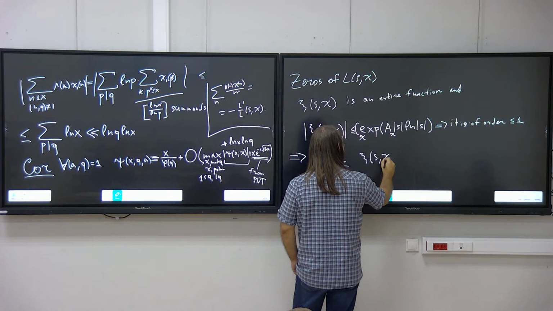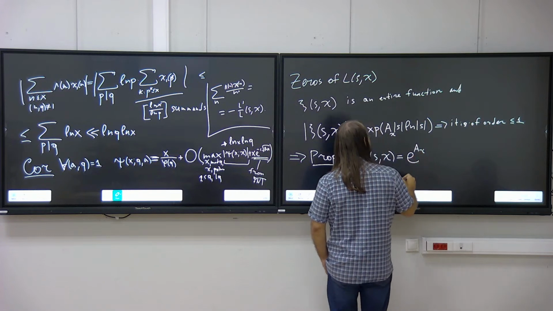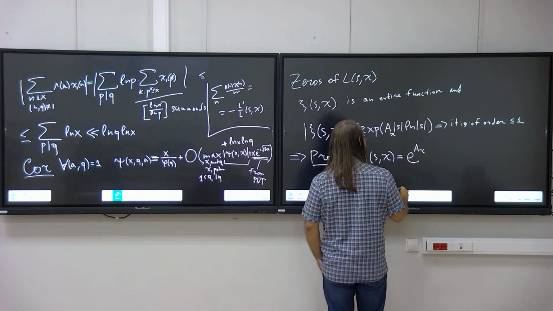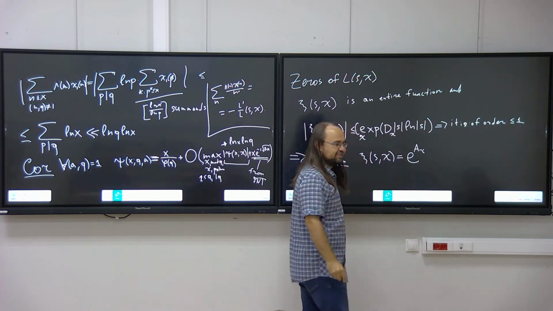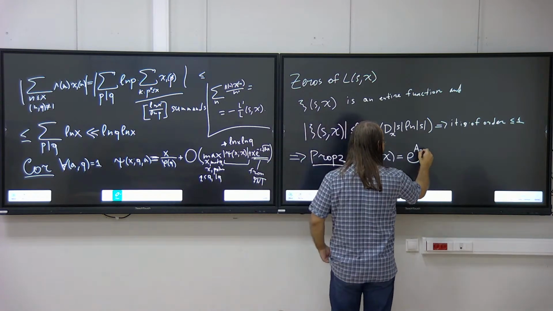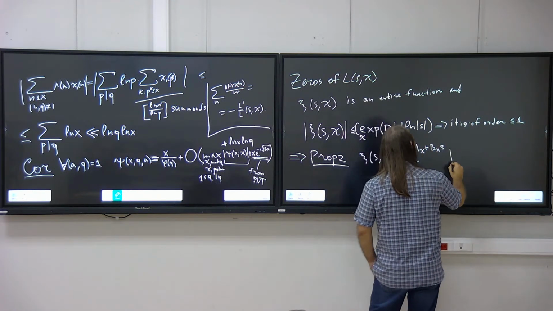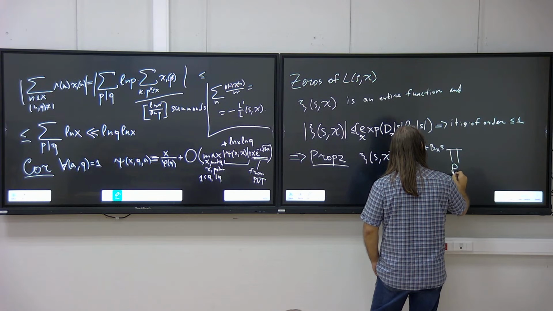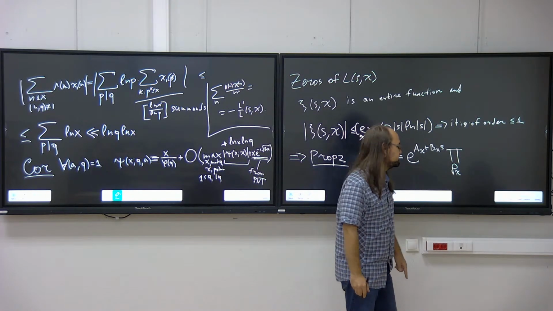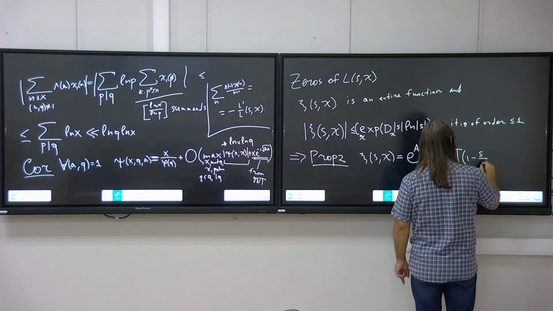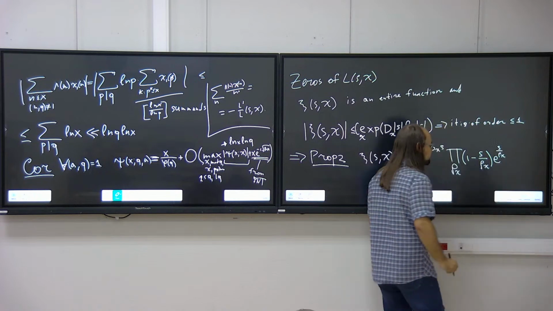Xi of s, chi is equal to exponent of, maybe this should be d, so as not to cause confusion, a of chi plus b of chi multiplied by s, and then the product over all rho with index chi, which are non-trivial zeros of our L function, of 1 minus s over rho chi, e to the power s over rho chi.